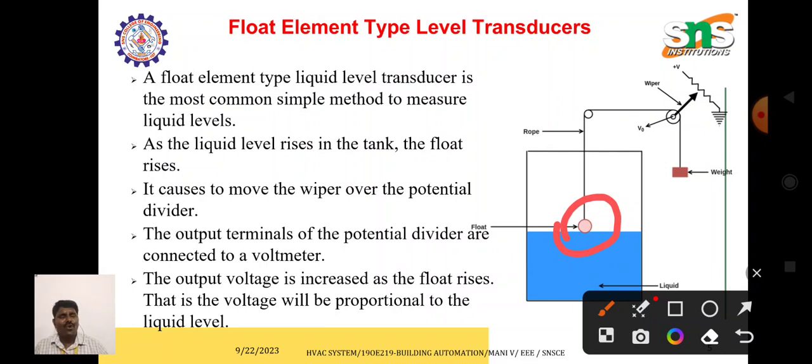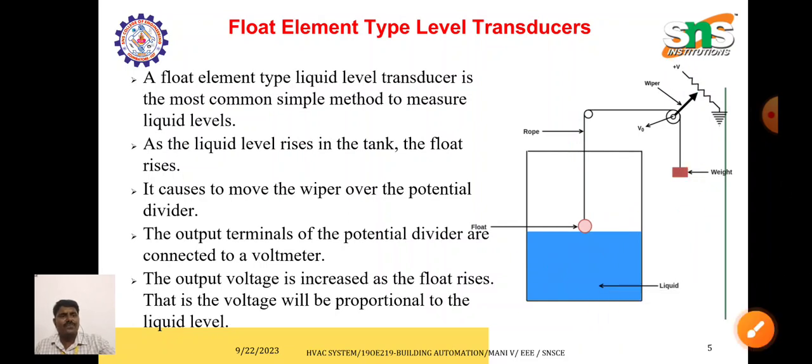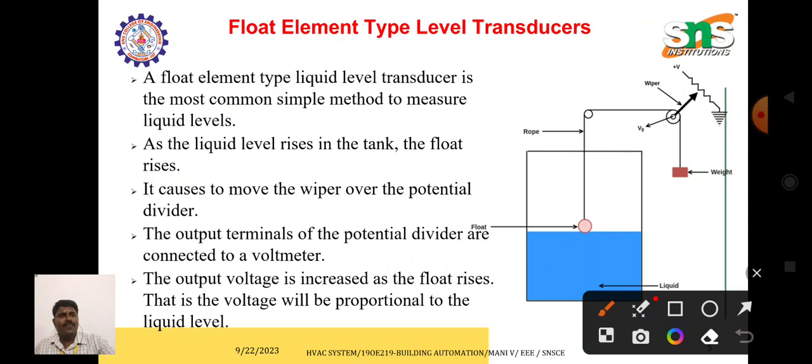Once the float moves up and down, the wiper which is connected to the float also changes. If the float goes down, the weight goes up, so the pointer changes. If the float goes up, the weight goes down, so the pointer moves like this.